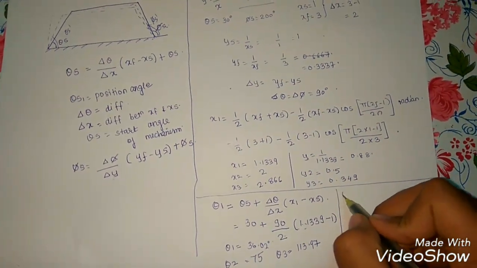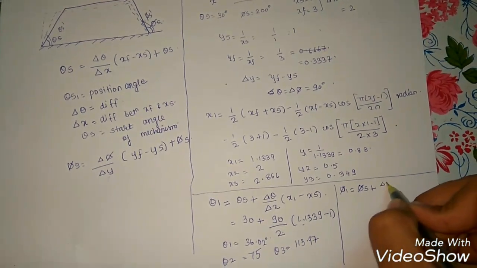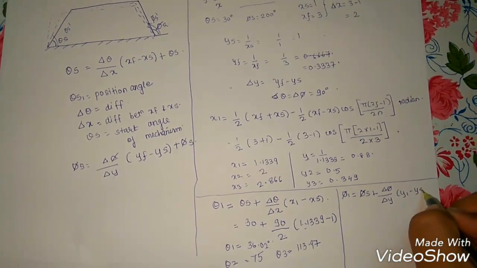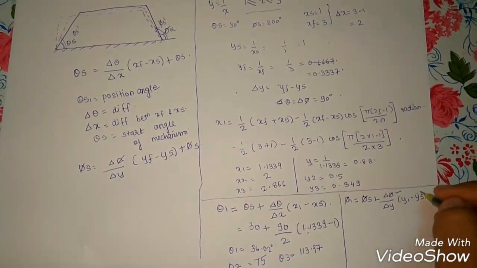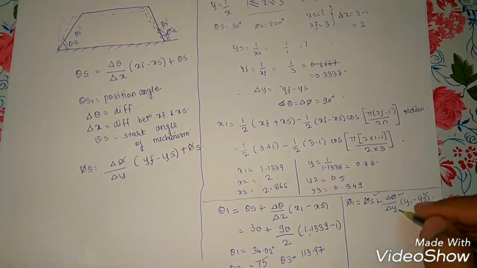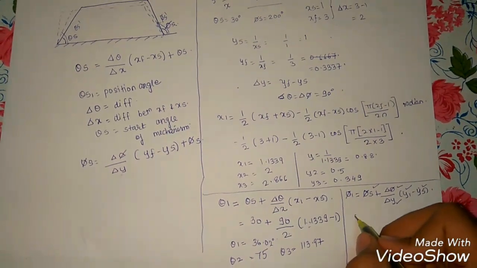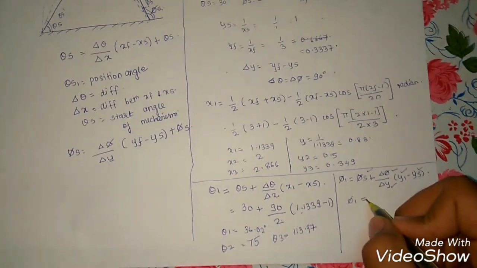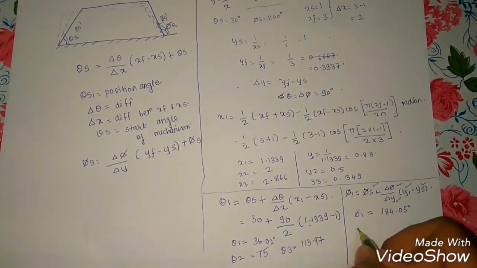Let's find phi 1, which will be phi s plus del phi upon del y, y1 minus ys. We have ys, we have del phi, we have phi s, and we have del y. We also have y1. So substituting the above values in the equation, we will get phi 1 as 184.05 degrees.